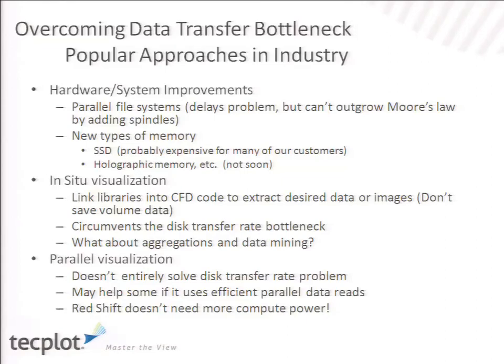So, ideas for overcoming it. I mentioned the hardware-based stuff. I'm sure there's people in the room that know way more about this than I. But I will mention the first one is the parallel file systems, which is essentially adding spindles, right? If one isn't good enough, you do 100 of them, and now you can, in theory, maybe be 100 times faster as you stripe your data across those systems.